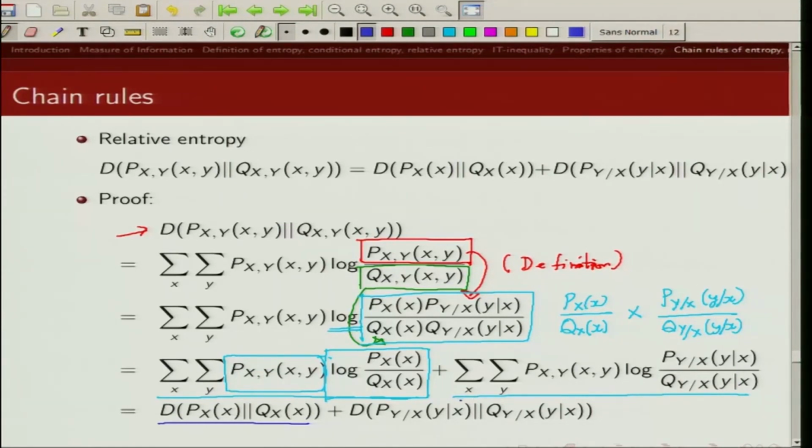And similarly, this particular term can be written as the divergence between the conditional distributions p of y given x and q of y given x. So this is the chain rule for divergence.